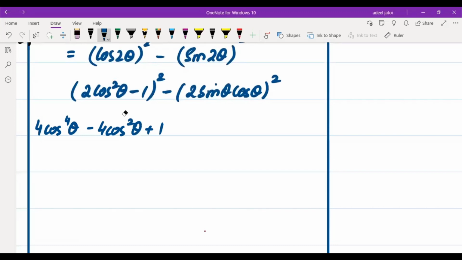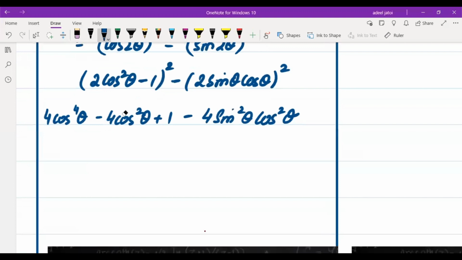We use the identity of (A minus B) whole square, minus 4 sine square theta cos square theta, because this square is on 2, this square is on sine, this square is on cos. Now again we got sine, so sine square theta. Now it's sine square theta, not sine 2 theta.